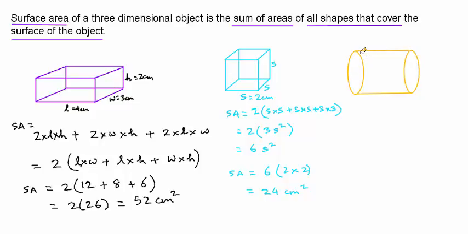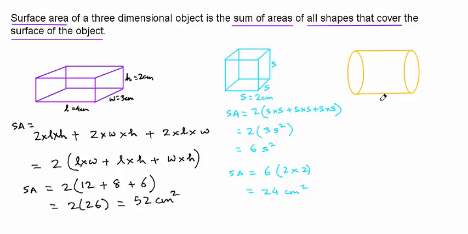To find the surface area of the cylinder, we need to find the area of each one of these circles and add them up. The circles are identical, so you could find the area of one of them and multiply that with 2. And then also find the area of this curved portion, also called the lateral surface of the cylinder.